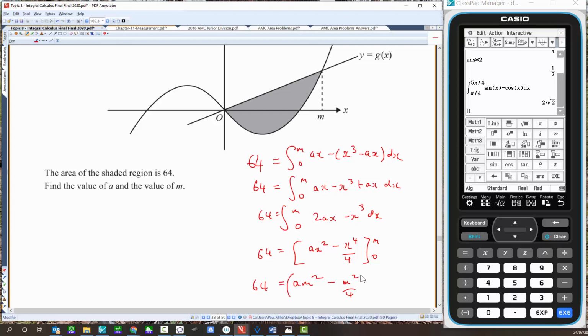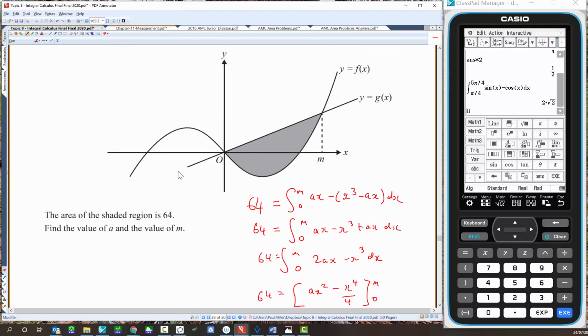And 0 goes in and it's going to be 0. So I can just leave it as that. Okay, so obviously we've got a and an m. We've got two unknowns, which means that we need to form a second equation. So this says to me that this is going to be a simultaneous equations problem.